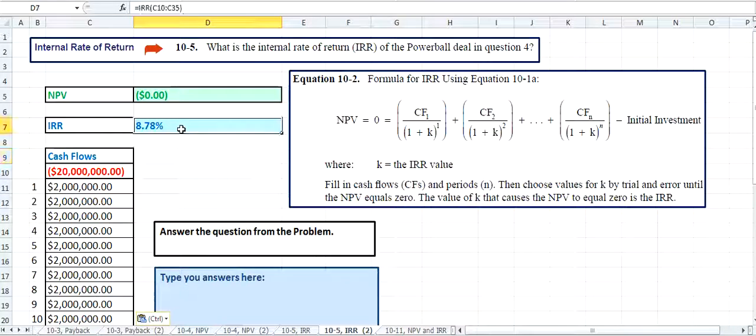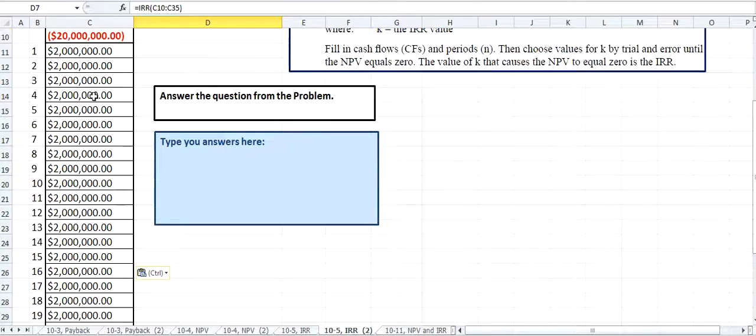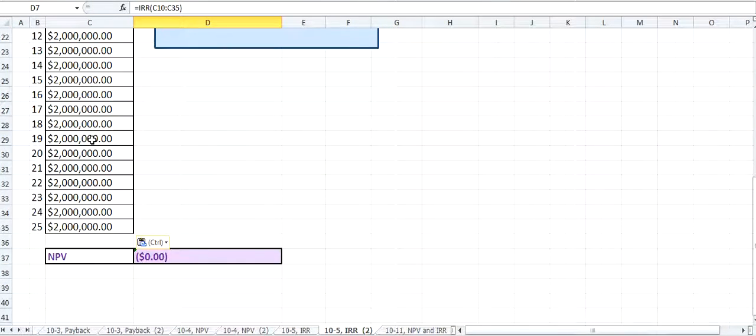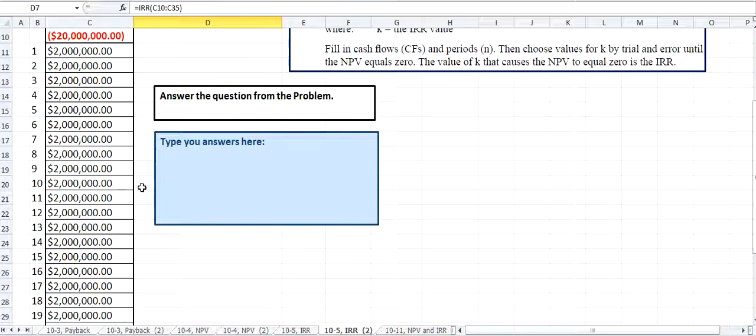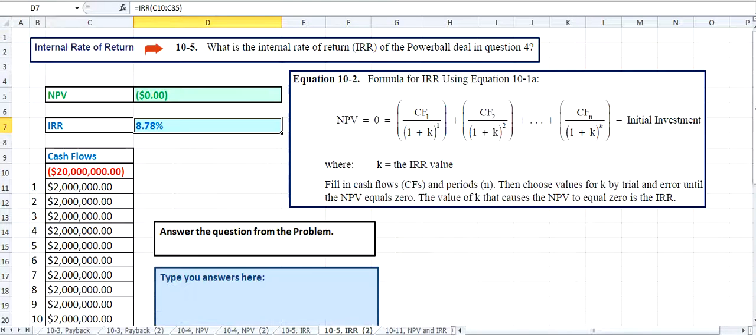This formula right here is just the Excel formula for the internal rate of return. It's just IRR, and then in parentheses the cells that have our negative and positive cash flows, C10 through C35. That gives us our internal rate of return, or the rate of return that gives us a break-even deal.